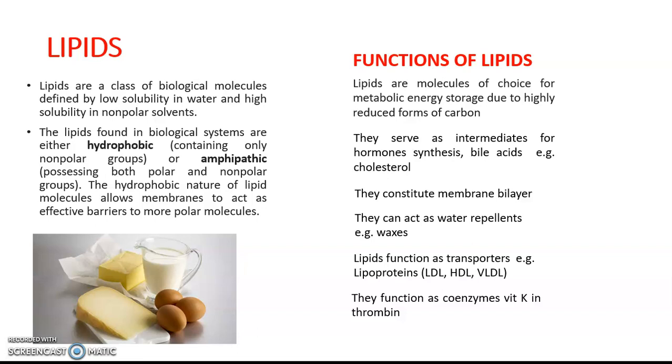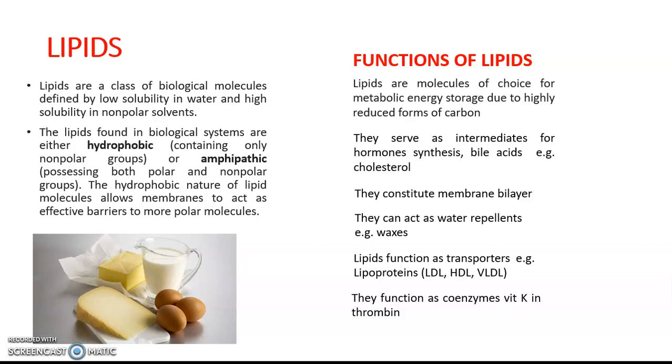Now, what are the functions of lipids? Lipids are molecules of choice for metabolic energy storage due to their highly reduced carbon form compared to carbohydrates. Carbohydrates are usually more oxidized, having more hydroxyl groups than lipids. They serve as intermediates for hormone synthesis. Examples are estradiol, the principal female hormone, and testosterone, the principal male hormone.